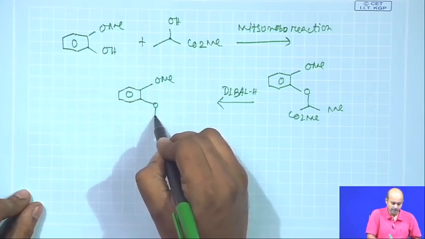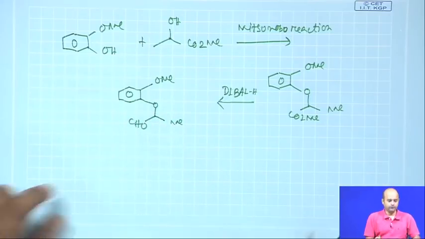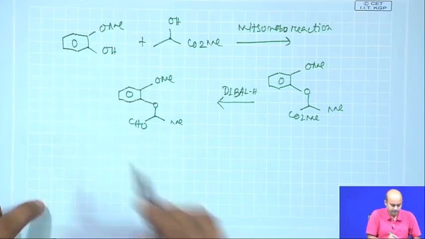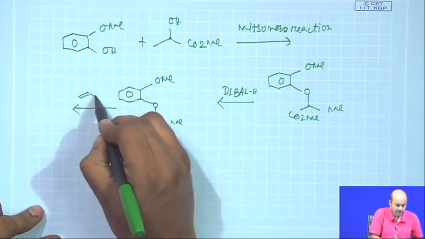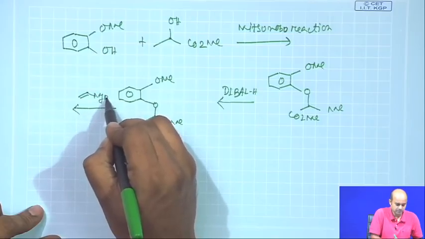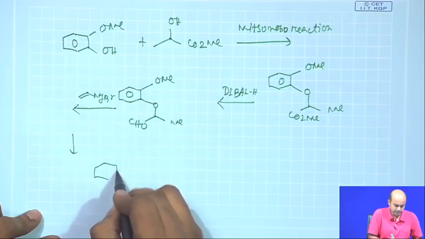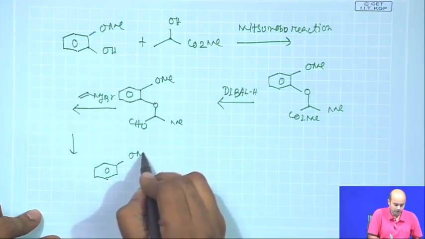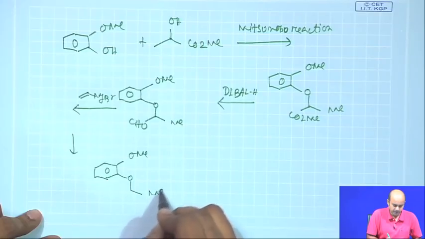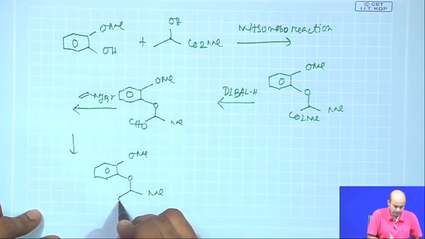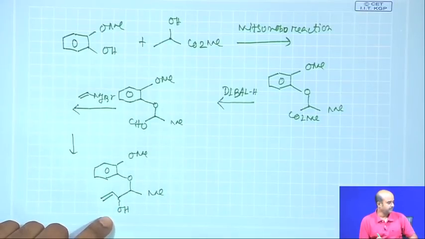So, you will have this aldehyde as your main product, fine, and then you react this aldehyde with vinyl magnesium bromide. So, the product will be an allylic alcohol, which is the intermediate required for your Johnson-Claisen rearrangement. This is the thing. Okay.